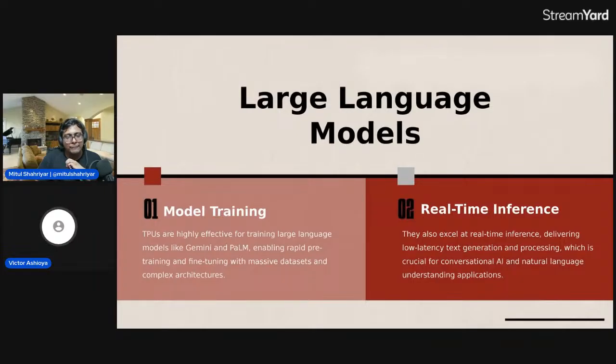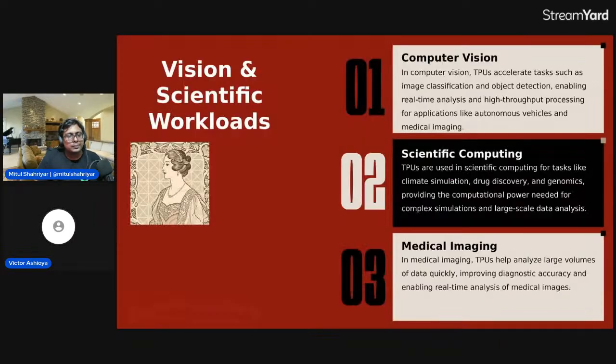Gemini and PaLM, like I mentioned, are using TPUs. Real-time inference. Inference is the serving, how the model is being used by you as a user. That's the endpoint. Whether it's text to speech or text outputs, the way you do with chat models, right?